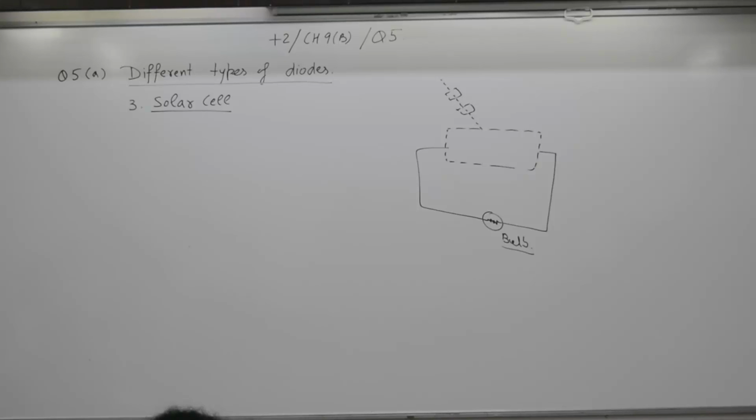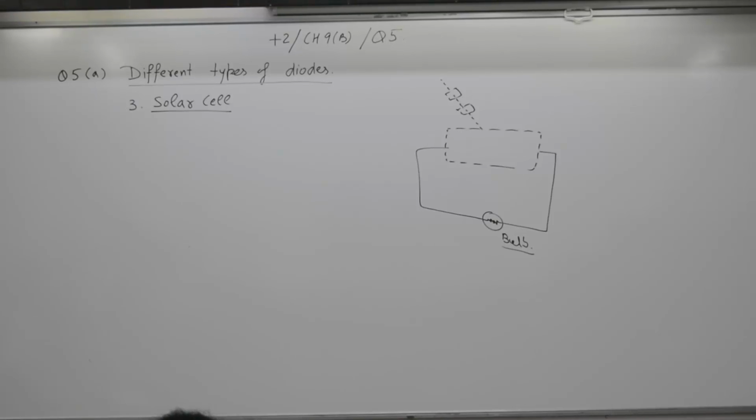Yes, a solar cell converts sunlight to electricity. It works on the same principle as a photodiode, but no external bias is applied, or you can say is necessary. It is itself a source of voltage.